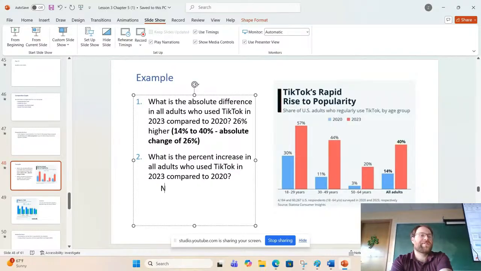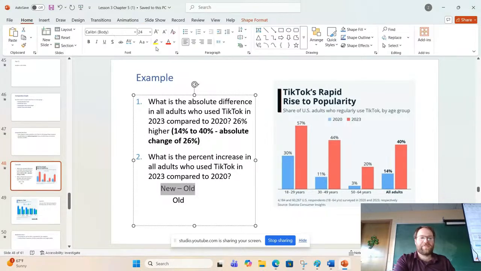Anytime you see percent increase, you should think new minus old over old, times 100.